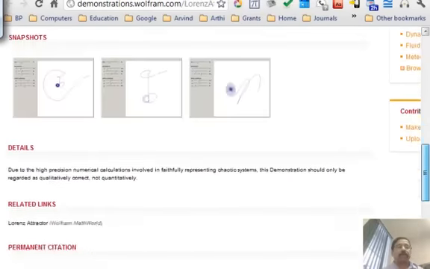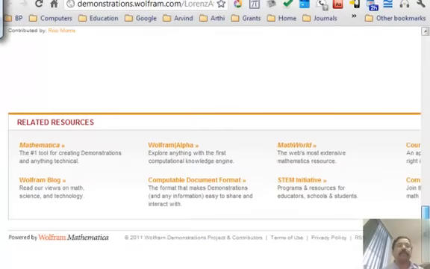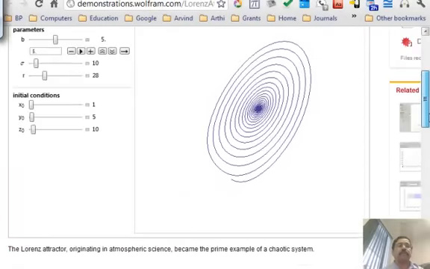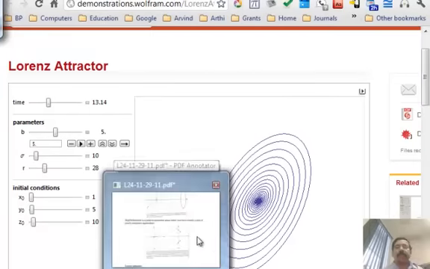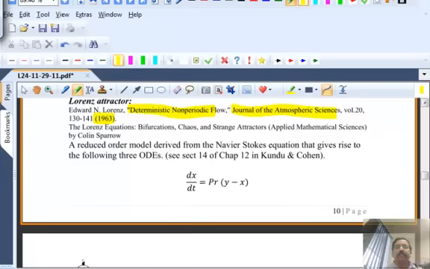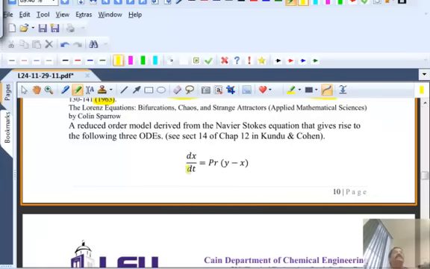commonly cited. I guess I don't have it here, but I have it in the notes. So let me. Okay. dx/dt equals Pr times (y minus x). X stands for velocity, y stands for one temperature difference, z stands for another temperature difference. So there are 3 equations that he derived, and it had a number of parameters.